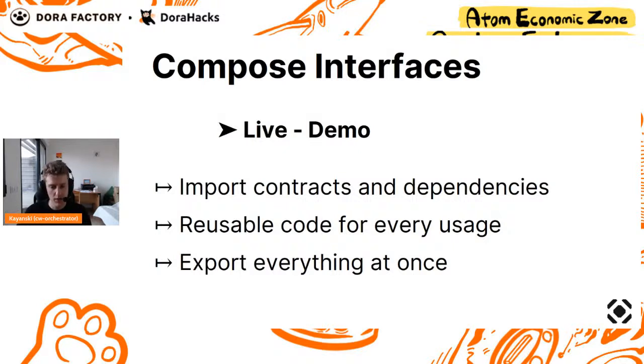We're going to write code which is reusable for every usage we've talked about: test, script, deploying. And we'll see that it's really easy to export your code for others to interact with your code. And that promotes open source, that promotes interoperability. And I think that it is what blockchain should go towards, and that is open source code and developers working together. So let's go inside the code.